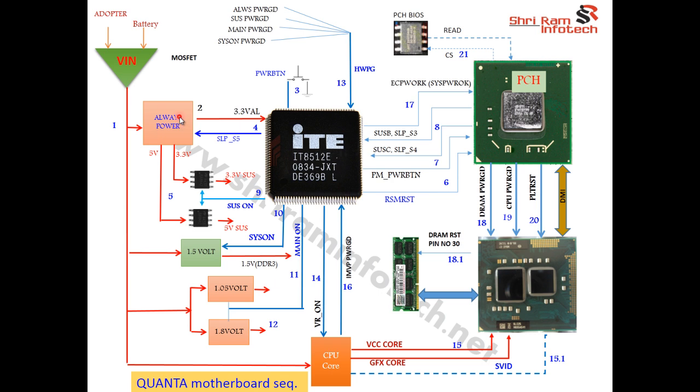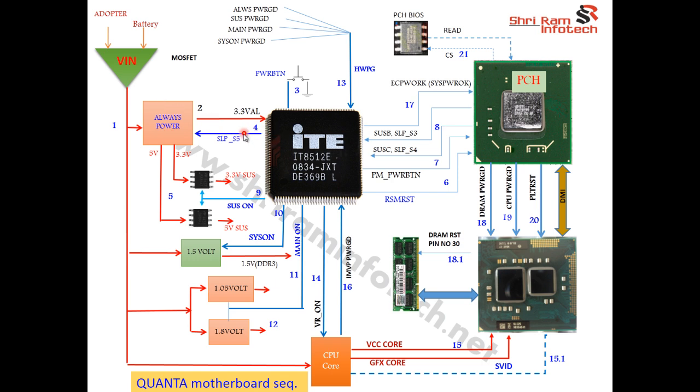One linear regulator, that is a 3 volt, is called the VL voltage. This voltage goes to the SIO, and this 5 volt comes out, that is called the 5 volt VCC, that goes to the subordinate component of the always voltage.